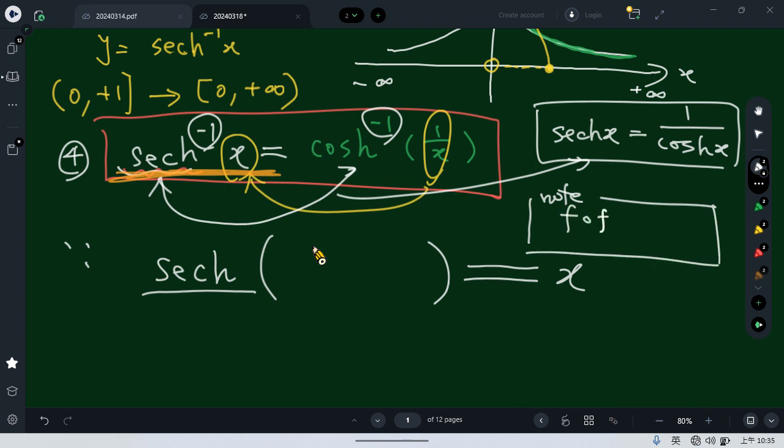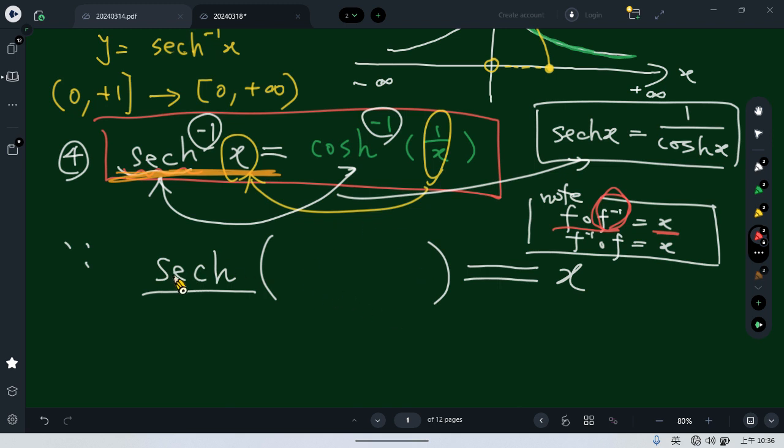F composed with F inverse will be x, F inverse composed with F will be x. And the inverse will be the unique one. You cannot find more than one inverse function. So if I compose some function and finally get x, the so-called identity function, then this part will be its inverse function.